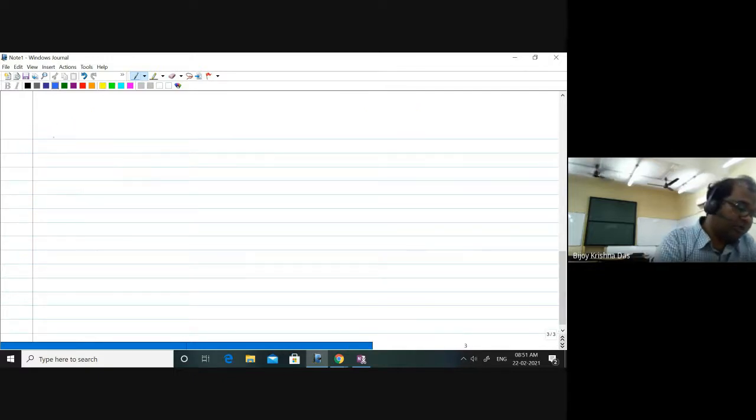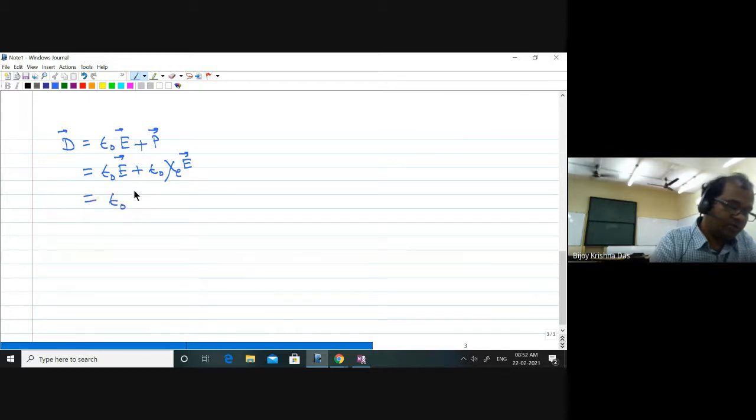So we have written there D equal to epsilon 0 E plus P, and that can be written as epsilon 0 E plus epsilon 0 chi E E, right? And then we can write this as epsilon 0 times (1 plus chi E) E. That is a material property, because of the electric field.